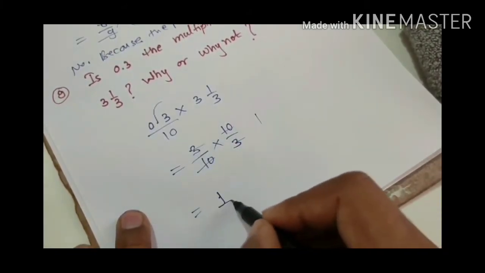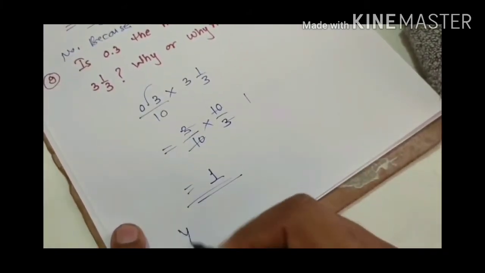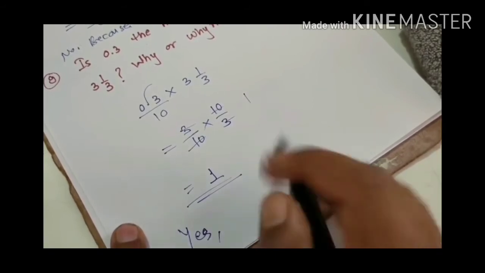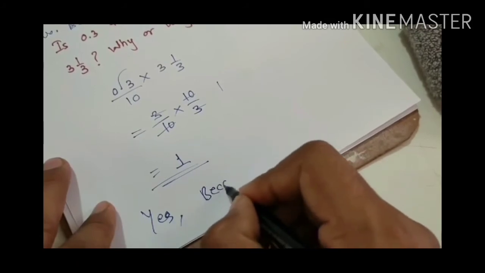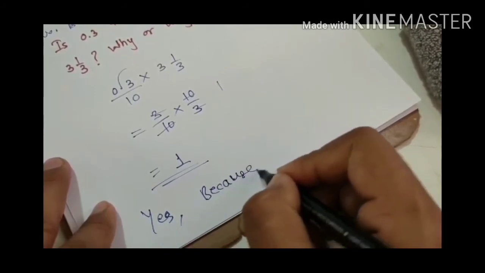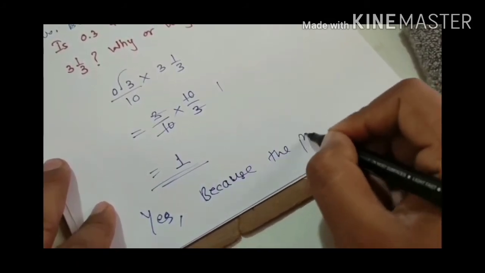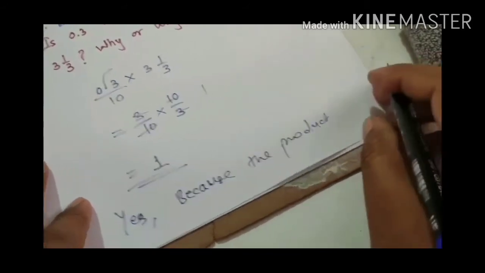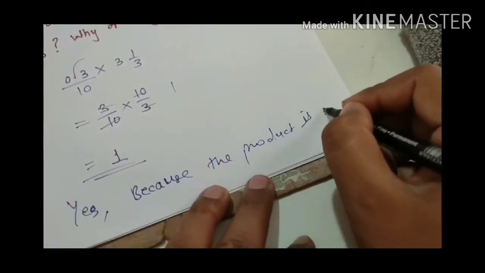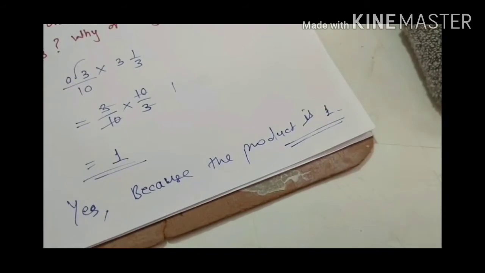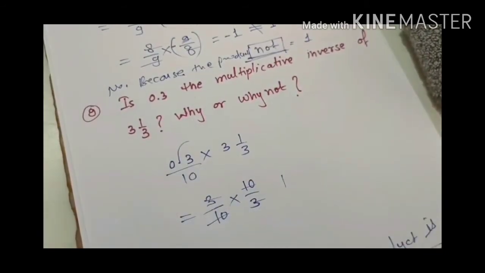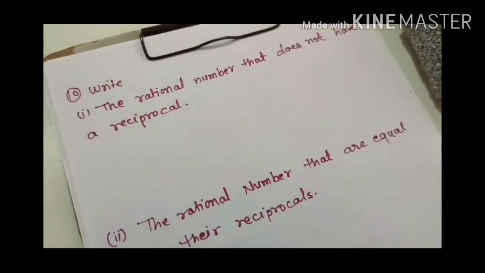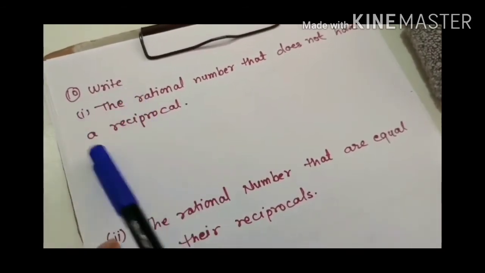Now what did I get? 1. So what can I write here? Yes, because the product of 0.3 and 3 whole 1 by 3 is 1. So as we got the product 1, we can say multiplicative inverse.